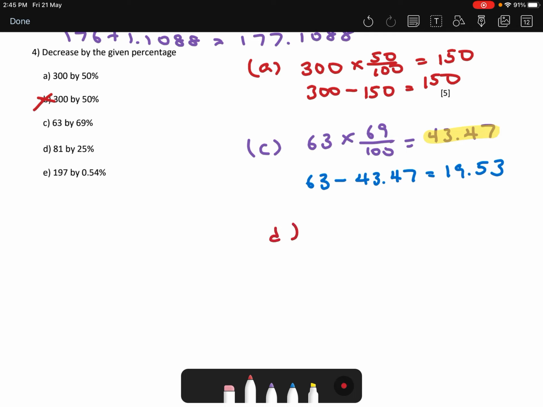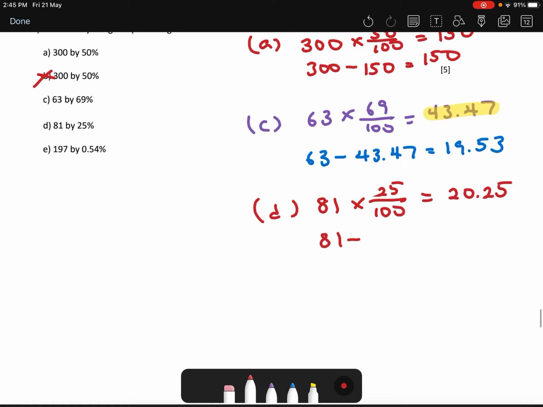Okay. D, 81, I decrease by about 25%. So 81 times 25 over 100. It's about 20.25. Okay, so 81 minus away 20.25, we should get about 60.75.